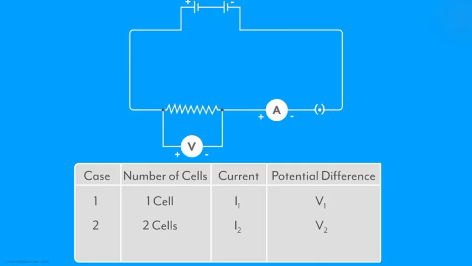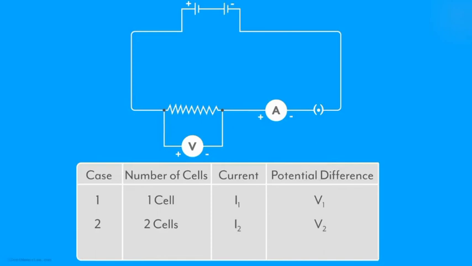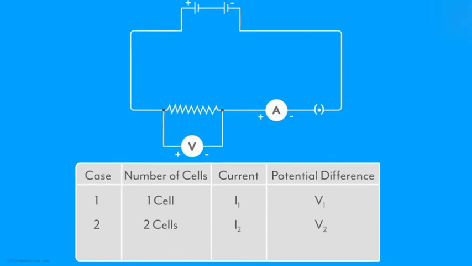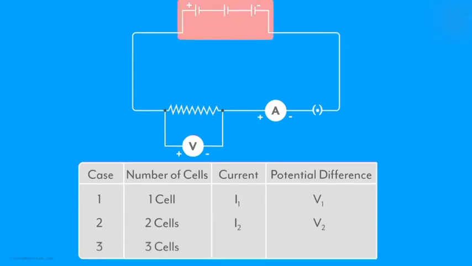We note these values as V2 and I2. In the same way, we add 3 cells and note down the current I3 and potential difference V3.